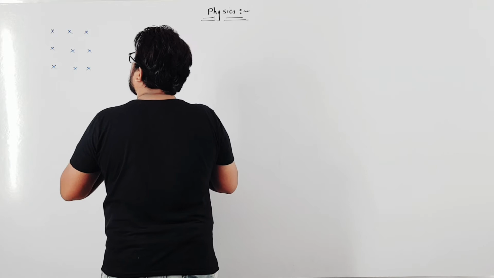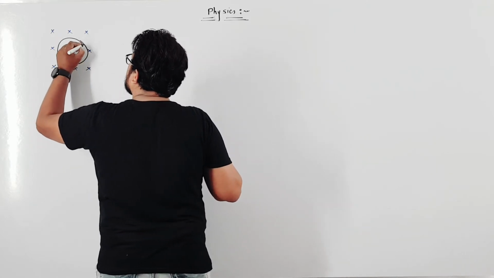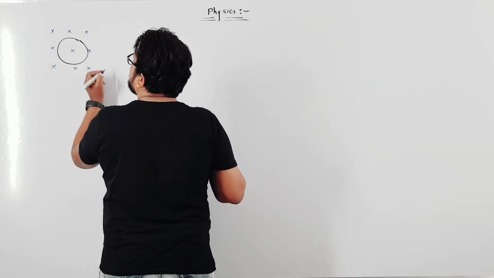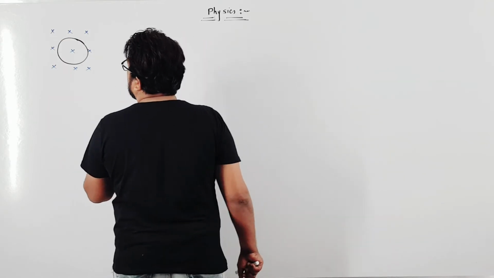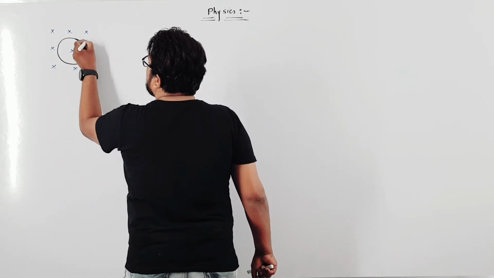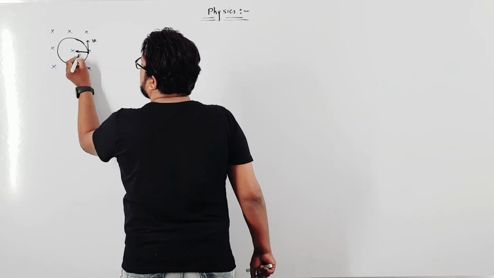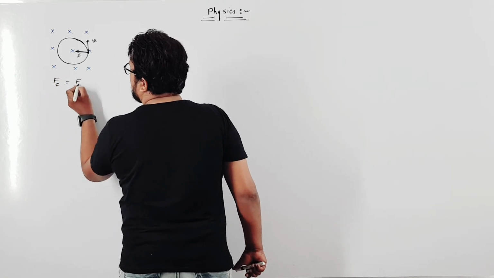Then the magnetic force acting on it will be towards the center of the circle, or you can say that it will provide the necessary centripetal force. So the charged particle will perform circular motion, right? If here is the charged particle moving with velocity v, then it will experience a force in this direction, right?